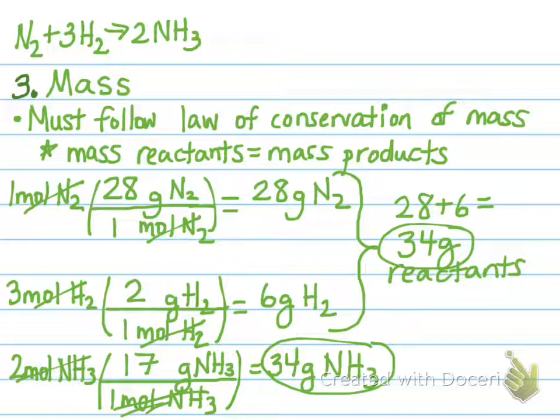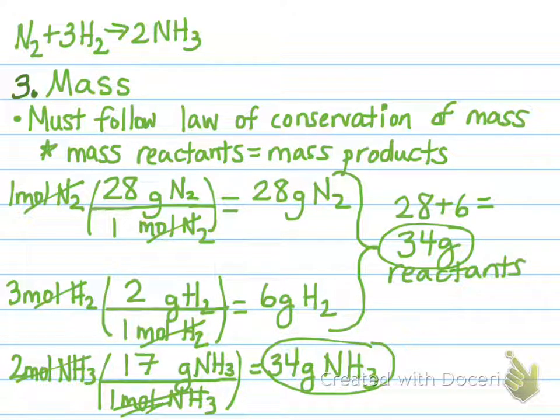So again, so far I can interpret my balanced chemical equation in terms of particles. To interpret it in terms of particles, my coefficients are equal to my relative numbers of particles. I can interpret my balanced chemical equation in terms of moles. Again, when I interpret in terms of moles, my coefficients are equal to my relative numbers of moles. I can interpret my balanced chemical equation in terms of mass.